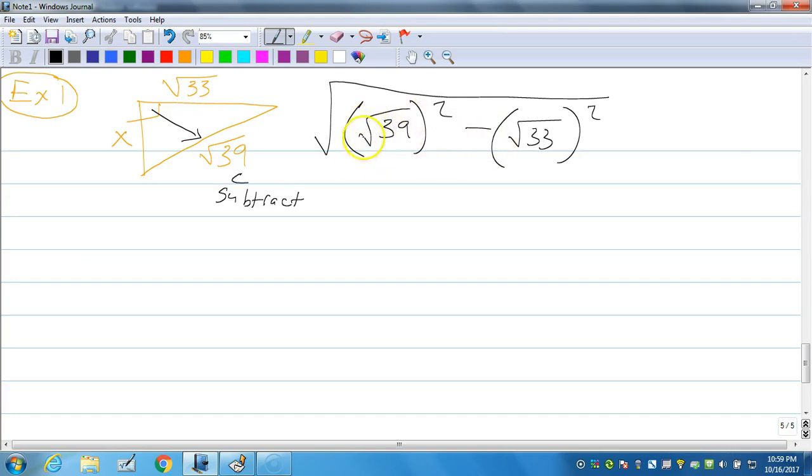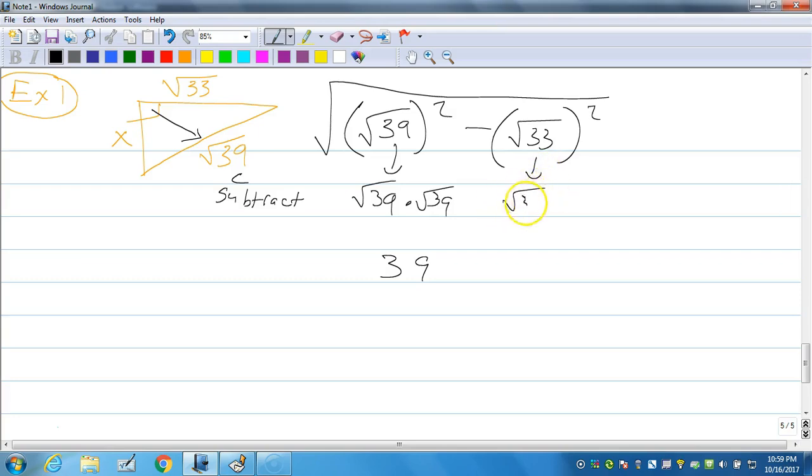Now, how do you do this the long way? That way, my pre-AP will have to do it like this. The square root of 39 squared is 39, because don't forget that this is the square root of 39 times the square root of 39. We did this on the first page, and this just gives you 39.